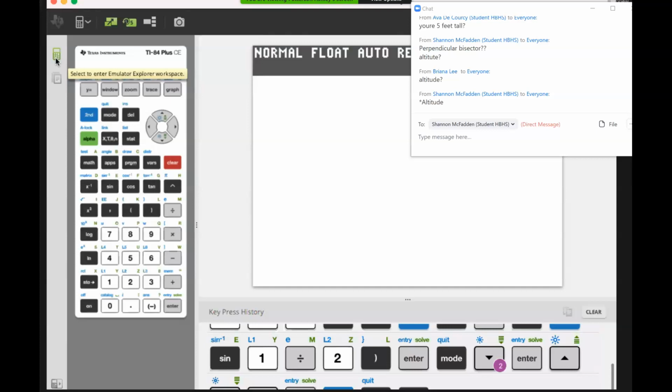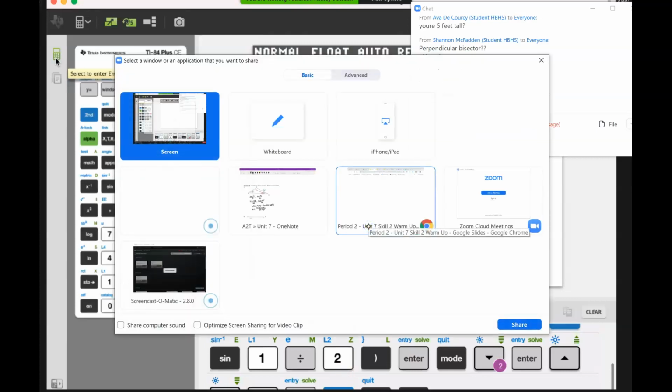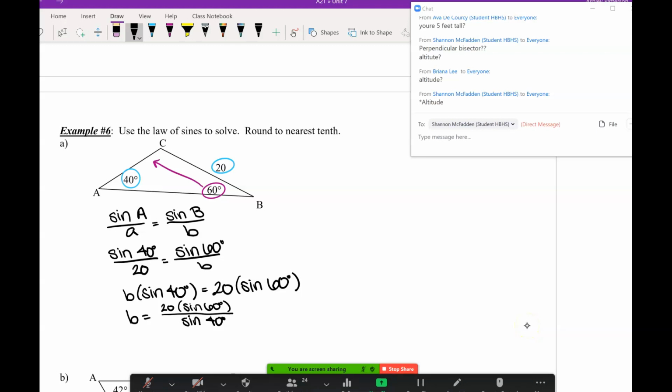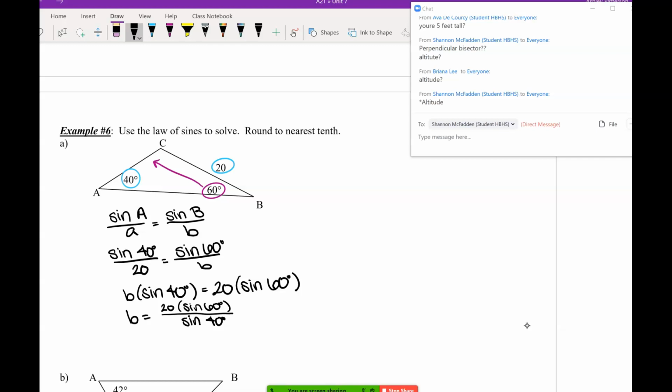And I get 26.9 again. So either option, just be careful with your parentheses because your calculator does follow the order of operations. So we're going to say that little b is approximately 26.9 units.